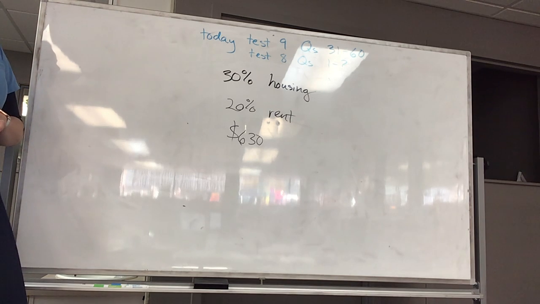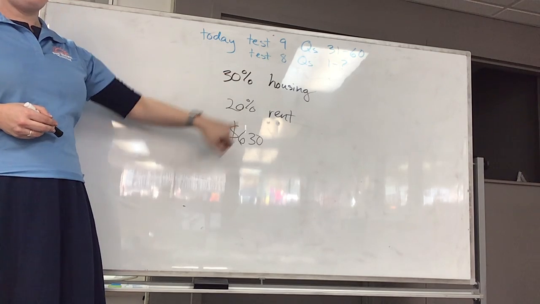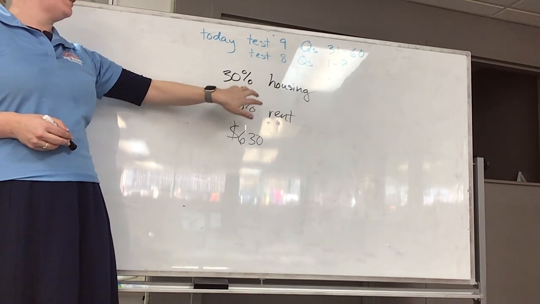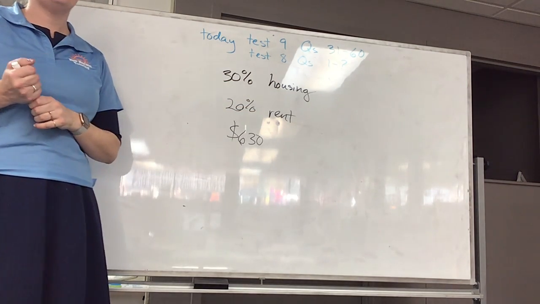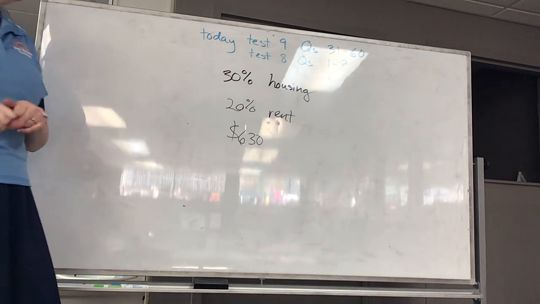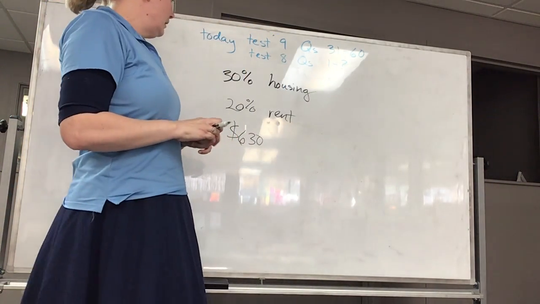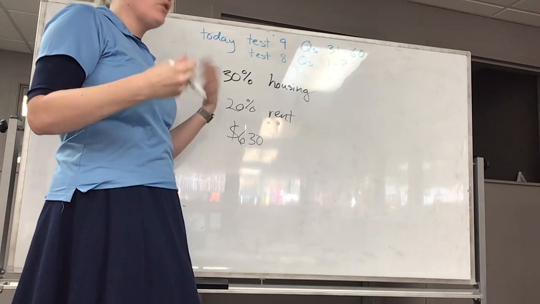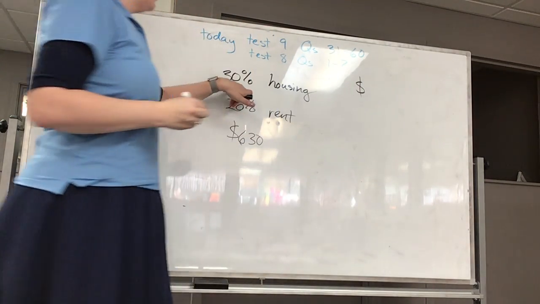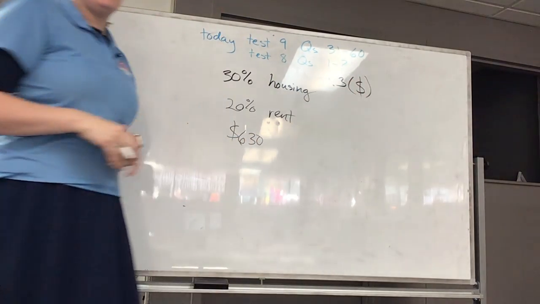The important thing here is that you know that this is a fraction of a fraction. It's stacking up because 30% of the budget is housing and 20% of that is going to be the actual rent. So if we knew what the total budget was, if we knew this is the amount of money we make, we would take this money and multiply it by 0.3, which is the same as 30%.